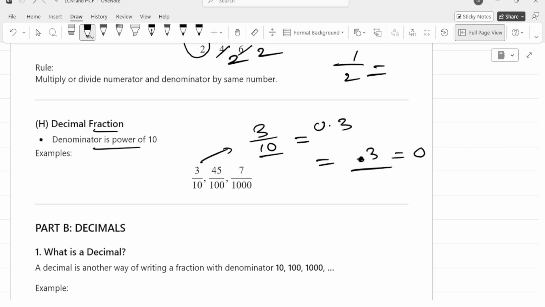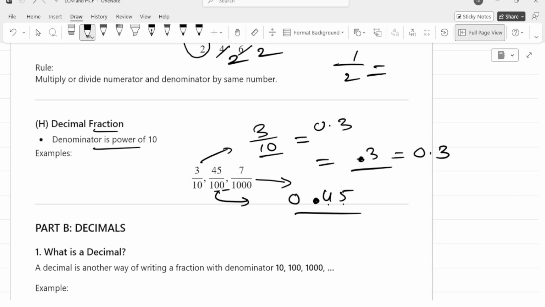And how many zeros are there? With two zeros, we use two numbers after the point, first number, second number, then place the point: 0.45.